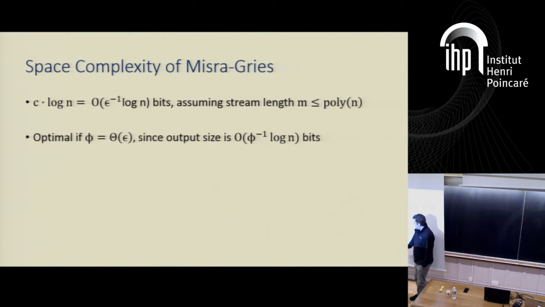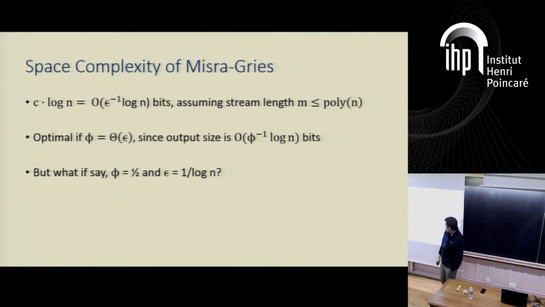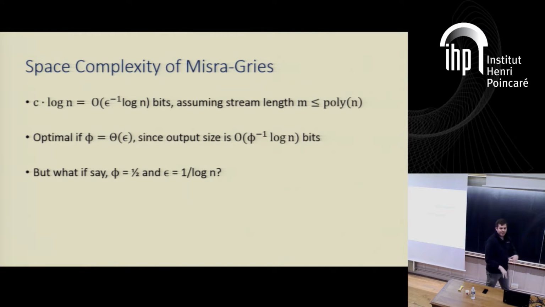So if phi is on the same order as epsilon, then actually this is an optimal algorithm, just because the output size has the same space complexity. Makes sense? But what if phi is a constant and epsilon is really small? So you have a few heavy hitters and you want to estimate their frequencies very accurately.